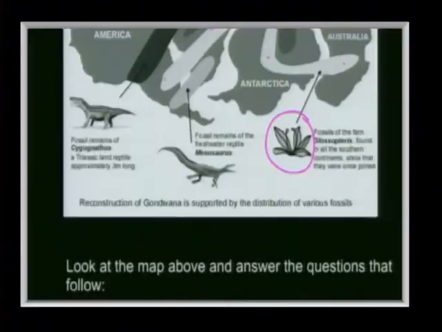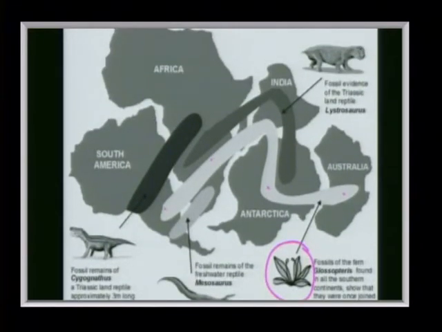Now the question is, many people will ask, but how do you know that? If you go to the bottom of the diagram, you'll see that it's a reconstruction based on various fossils. So what we find is that you would find fossils of Glossopteris. You would find Glossopteris in Australia. There were fossils found there. In Africa, in India, and you know that these continents are thousands of miles apart now.